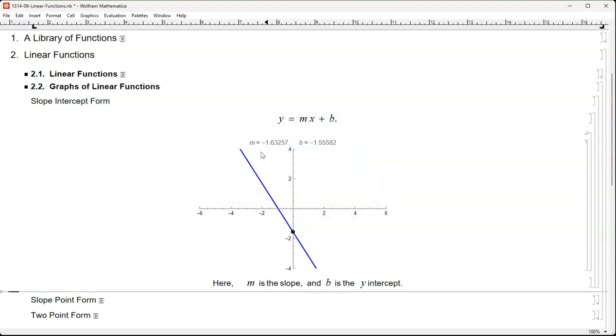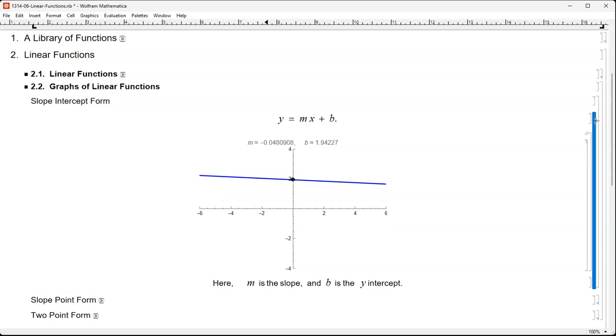Okay, that's better. This time m is negative. So as I move one step to the right, I have to go down about 1.63 something steps. And then b is negative 1.55, so about 1.5 steps down here, (0, -1.55 something). So with slope and the y-intercept, we can determine a line.